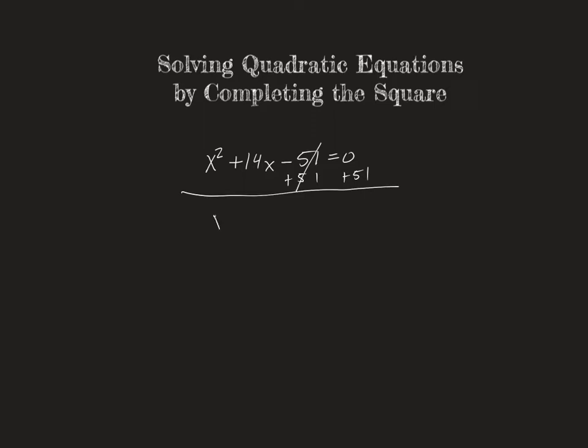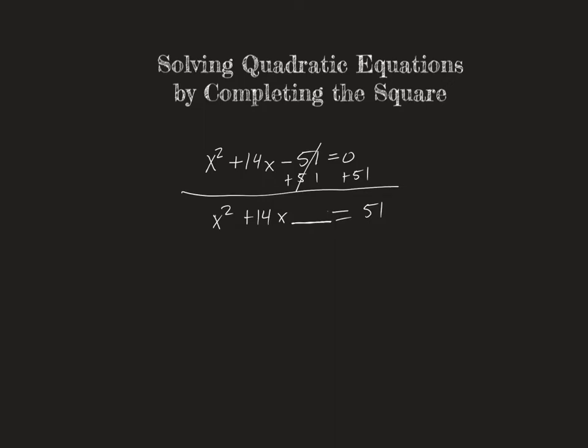That's going to give you x squared plus 14x equal to 51. Now, we're actually going to fill this part out. To fill that part out, we're going to look at the second term, which is 14x, and we only care about the number.